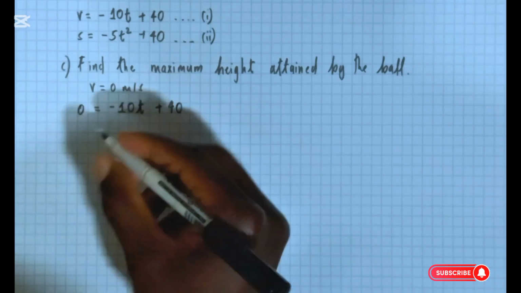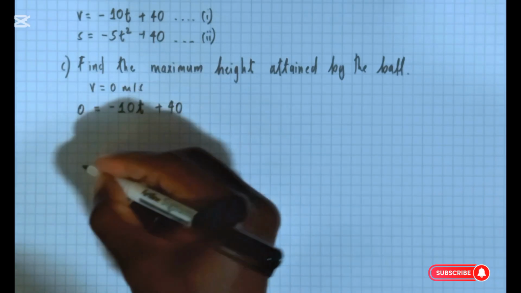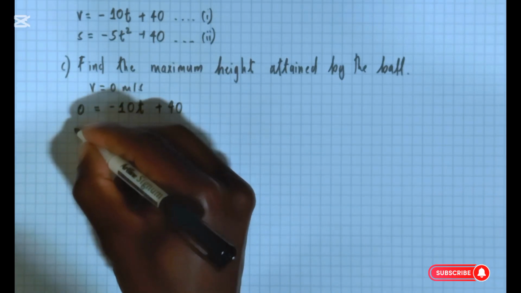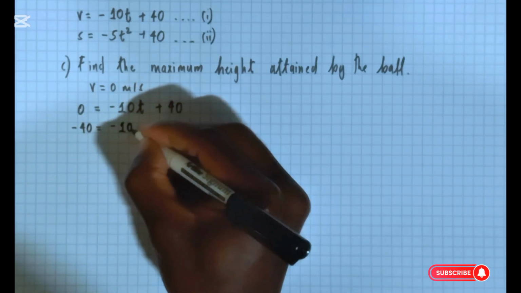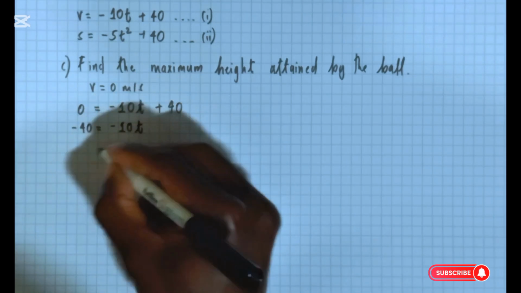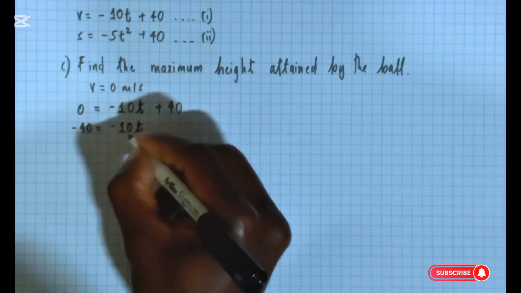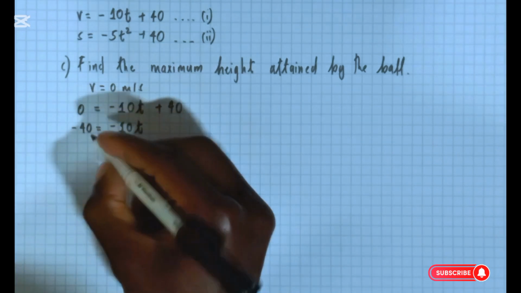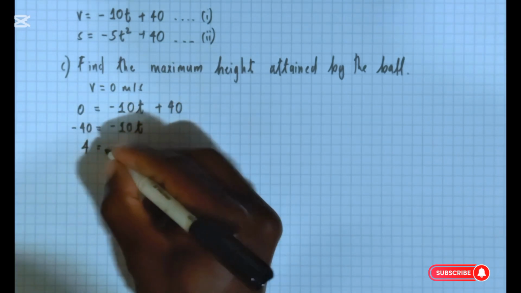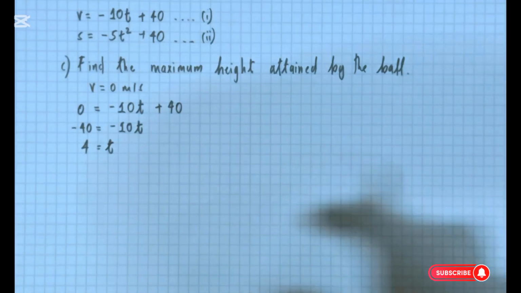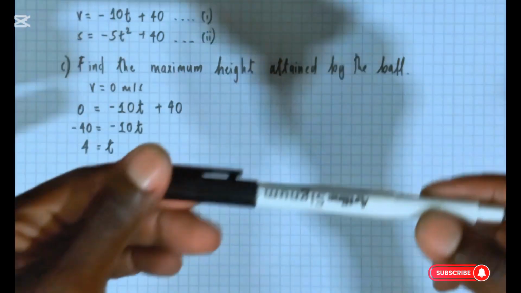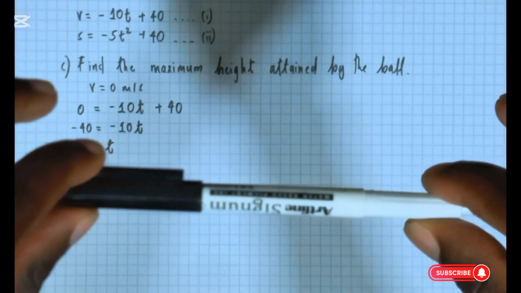For us to find the value of t, let's have 40 on the left hand side, so that's -40 equals -10t. That means that our value for t, when you divide both sides by -10, will be 4. So it is at the 4th second that the ball actually reached the maximum height.